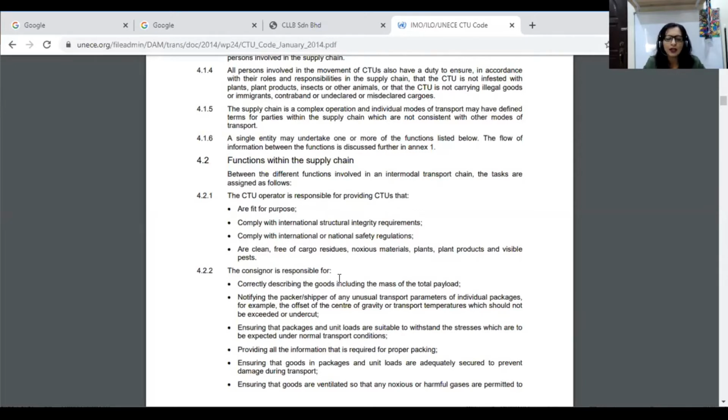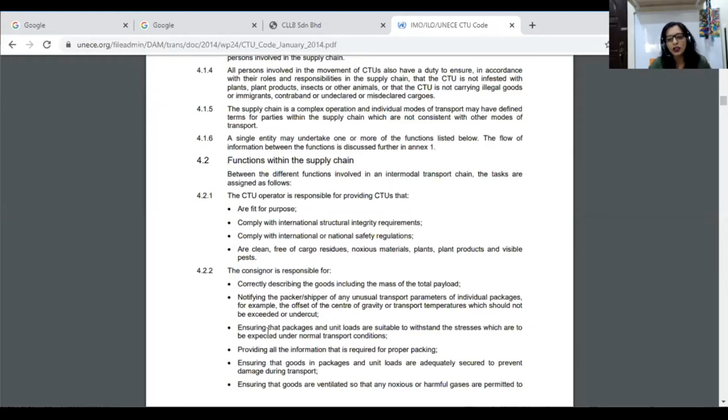In the context of sea freight, it is your box operator. It would be your shipping lines, or sometimes you have these pure box operators. So they have to ensure that when they release a container for export, these conditions are met.